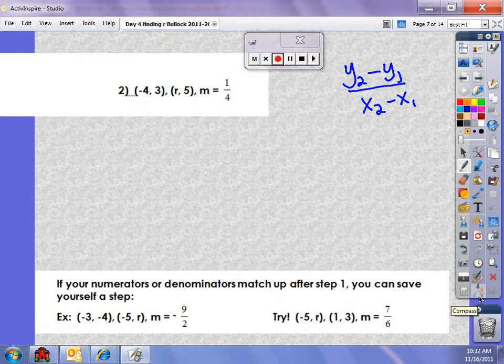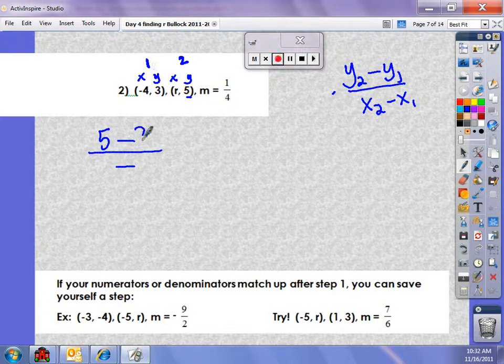Okay, so we know it's x, y, ordered pair 1, ordered pair 2. So we're going to take a look at our formula and plug in what we know. We're going to do y minus y. The y of the second point is 5. The y of the first point is 3, right? That's y2 minus y1. Then we're going to do the same thing with our x values, r minus -4.